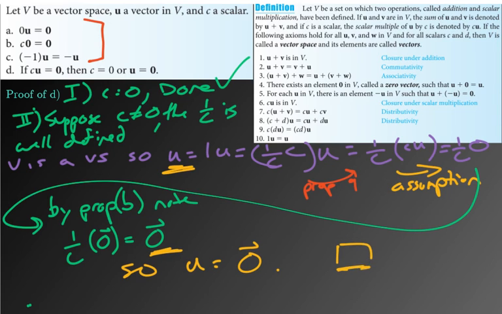And that does it, and that proves both cases. So if C times the vector U equals the 0 vector, then U equals the 0 vector, or C equals 0, the scalar. Different things, okay?